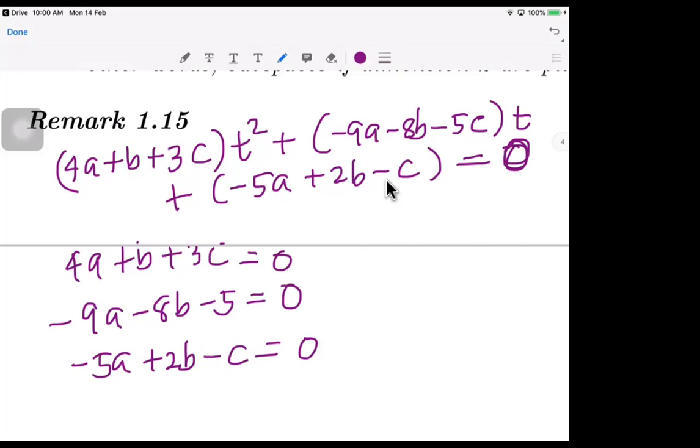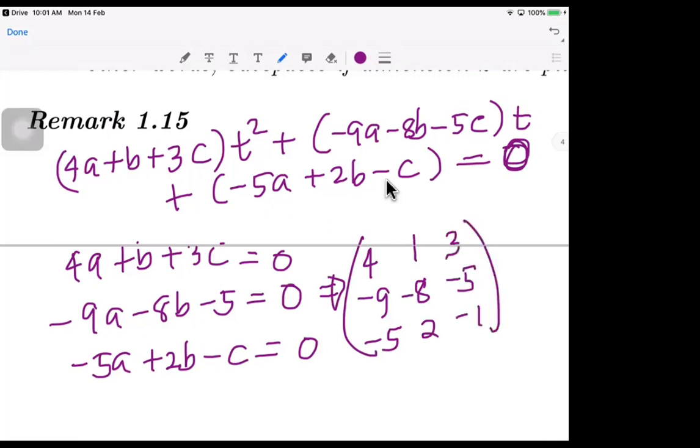Or equivalently, in matrix notation, the coefficient matrix times A, B, C is equal to 0, 0, 0.